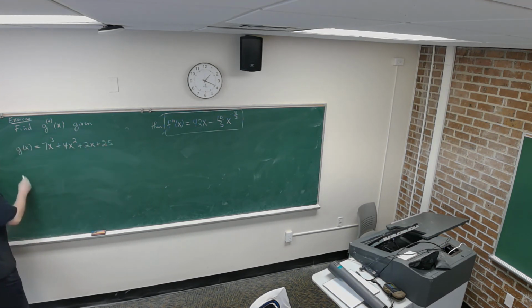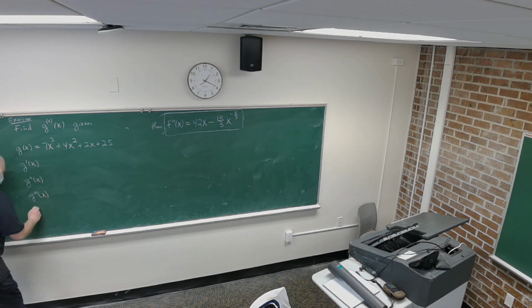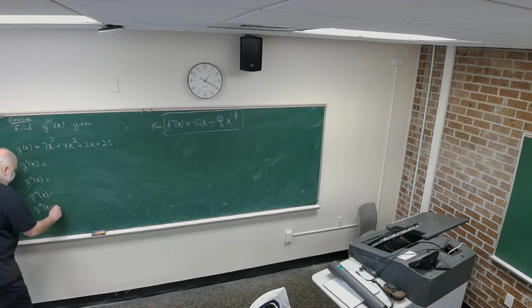Okay. So you need to calculate g prime of x, g double prime of x, the 3rd derivative of g of x, and then finally the 4th derivative. And I'll call on people for each of those derivatives.